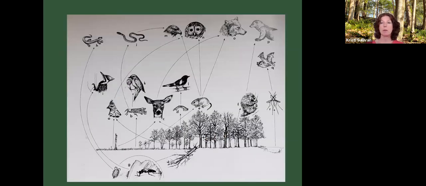And with that continuum, you'll have different species of wildlife. So in an early successional forest, for example, you may have deer, and you might have the ruffed grouse. In an open field area, you will have grasshoppers, and then you will have bluebirds that can feed on those grasshoppers, and maybe snakes that feed on those grasshoppers.